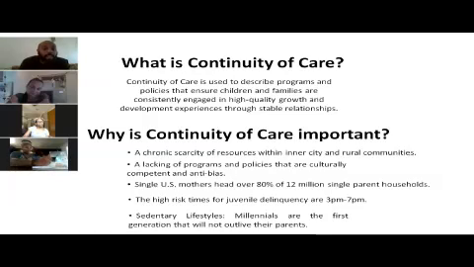One of the other reasons that building those type of stable relationships are important is because of sedentary lifestyles. Millennials have the dishonor of being considered the first generation that will not outlive their parents, right? So if you look at the life expectancy of past generations, this generation here is considered the one that will not actually outlive their parents.